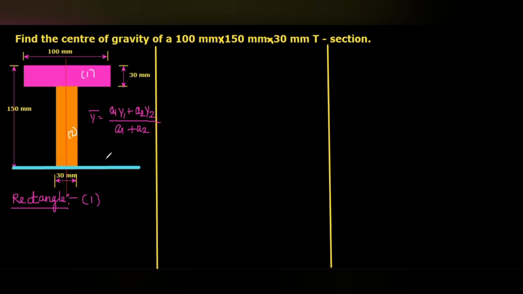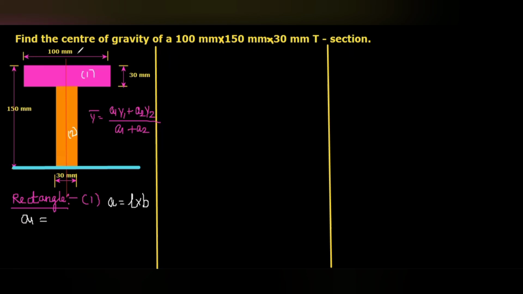Okay, so first I start with the rectangle 1. Here you can see we need the values a1 and y1 to calculate the y bar. So for the first rectangle, the area of the rectangle, the general formula, is length multiplied with the breadth.